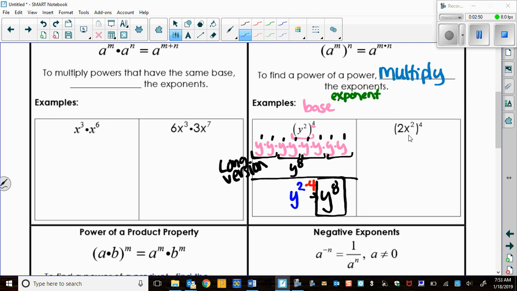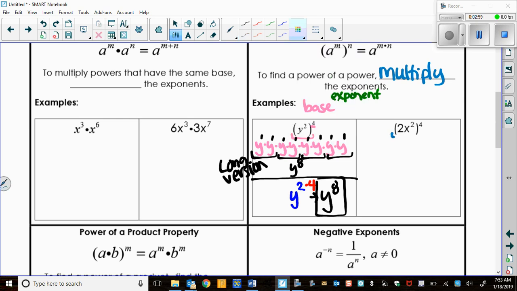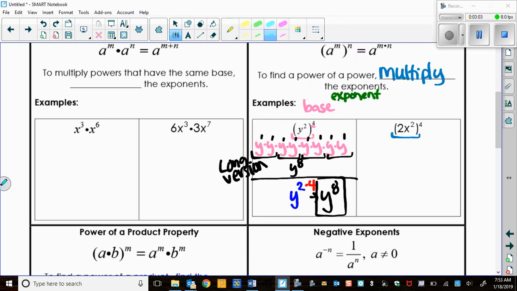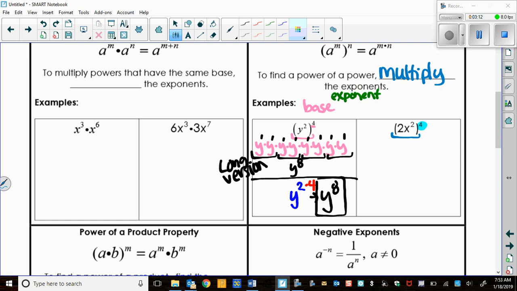Alright, for the next problem, my base is 2x squared. I'm going to use a different color now. This is my base. My exponent is 4, so what that means is I'm going to copy whatever I have in parentheses 4 times. Inside the parentheses, let me expand that for you.